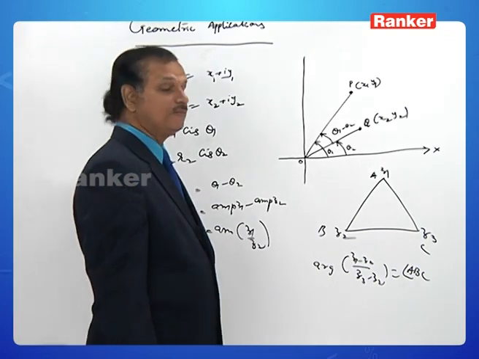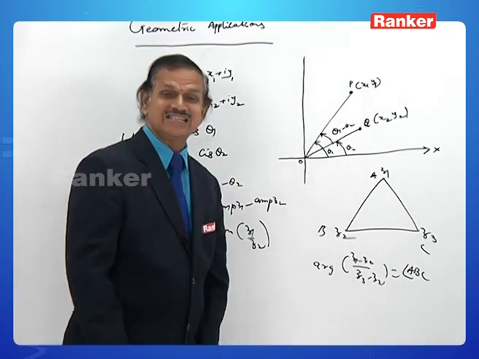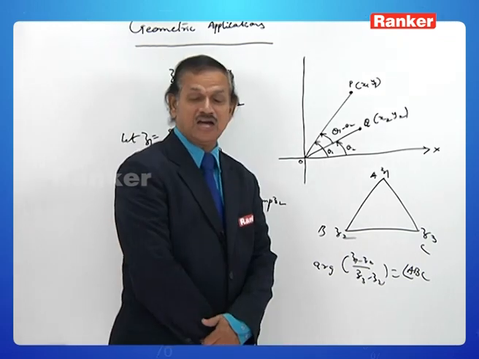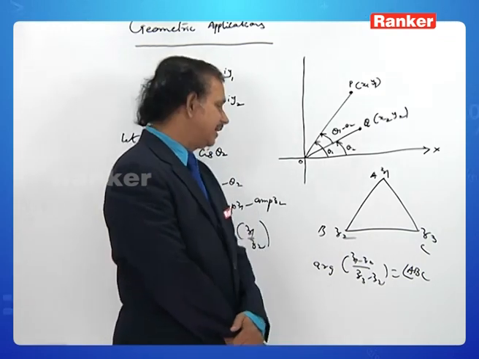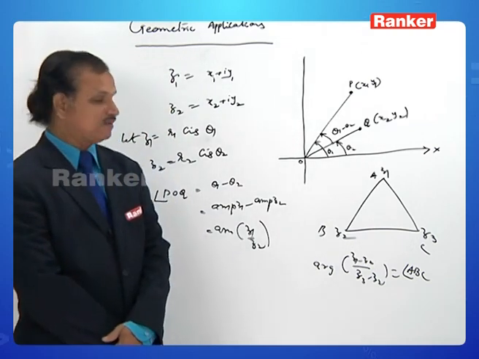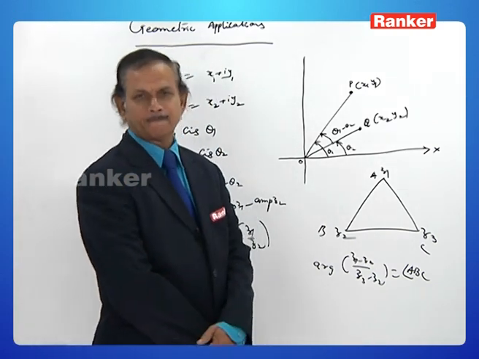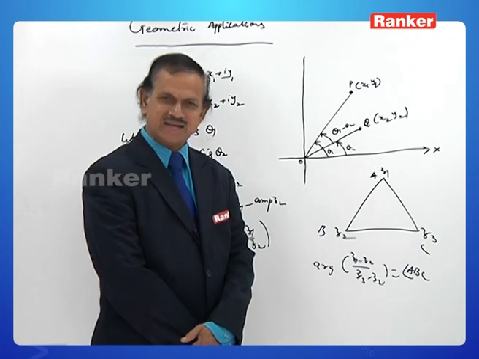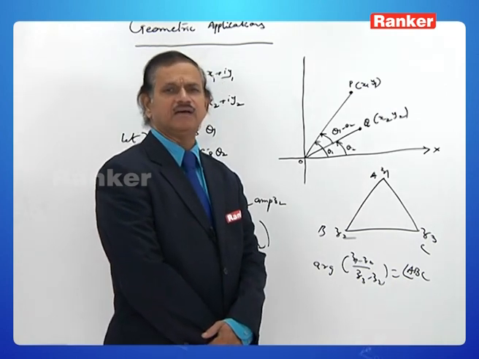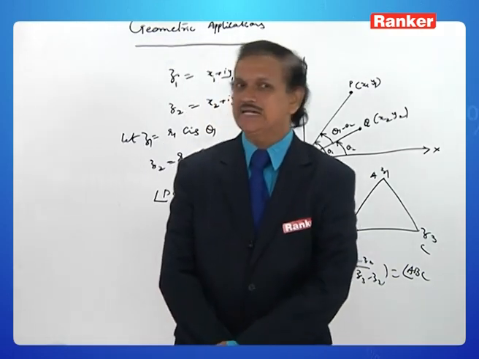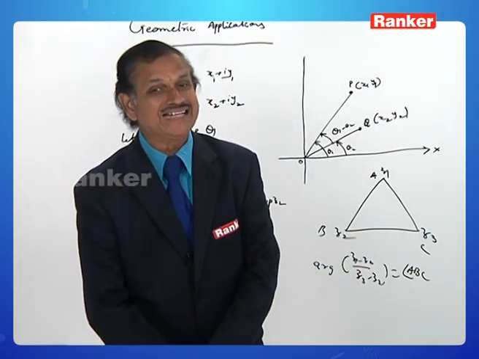Suppose you are given an equilateral triangle, say. If Z1, Z2, Z3 are the vertices of an equilateral triangle, then what can you say about argument of Z1 minus Z2 by Z3 minus Z2? Pi by 3. Like that we will be having. Suppose Z1, Z2, Z3 are vertices of a right angled triangle, right angle at Z2.